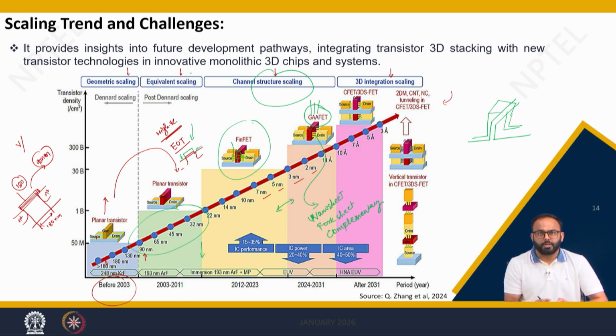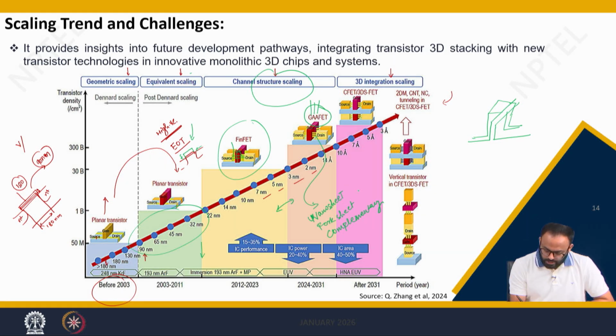There are also nano ribbons, nano wires, etc. What it means is you have source, you have drain, in between you have a channel like this, and you wrap the channel from all the 4 sides. That is what is called a gate all around structure.